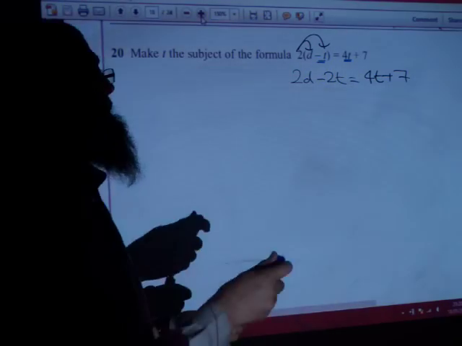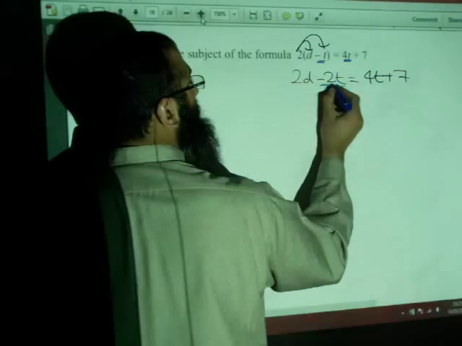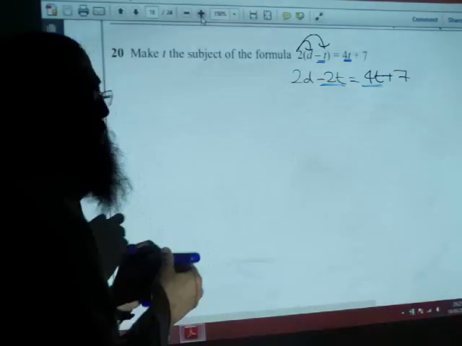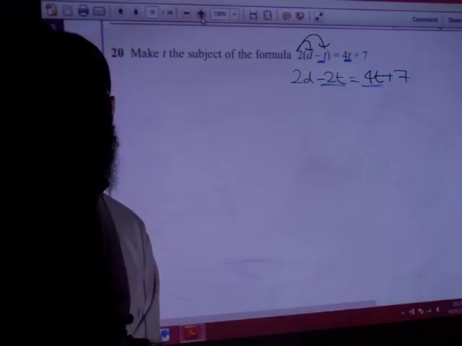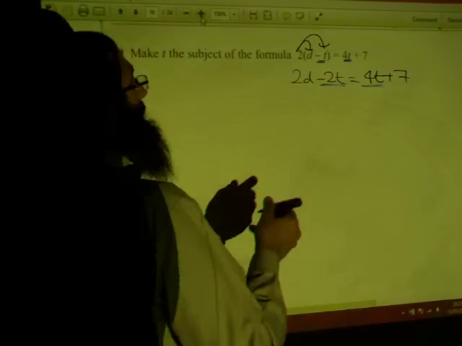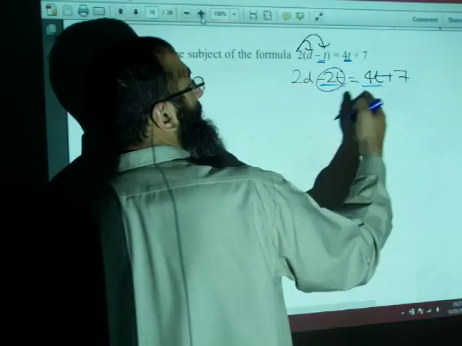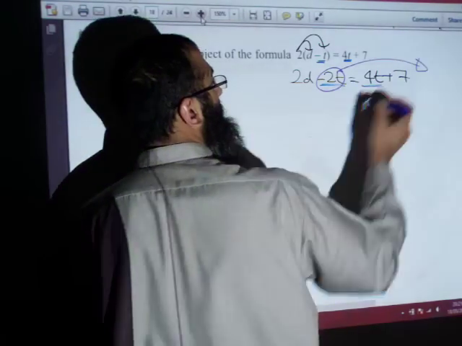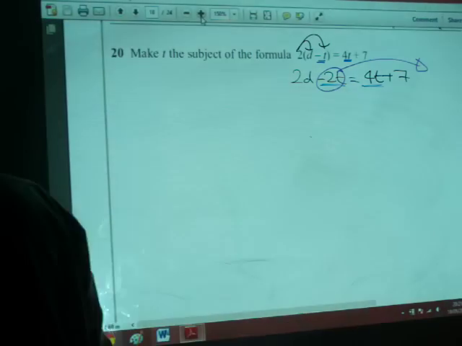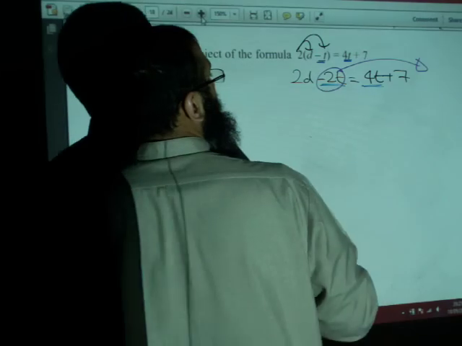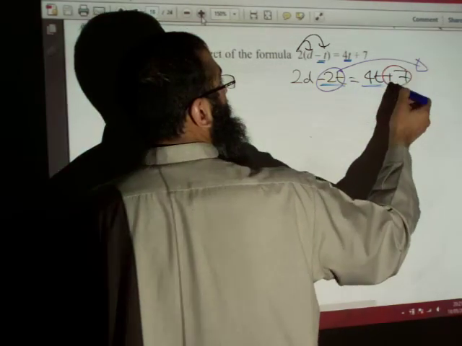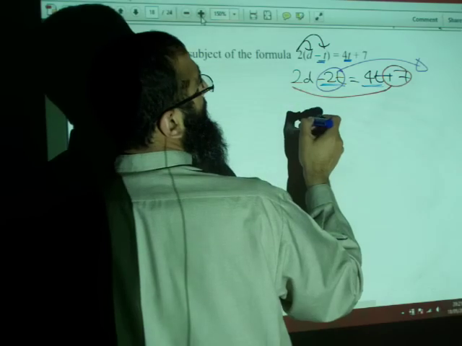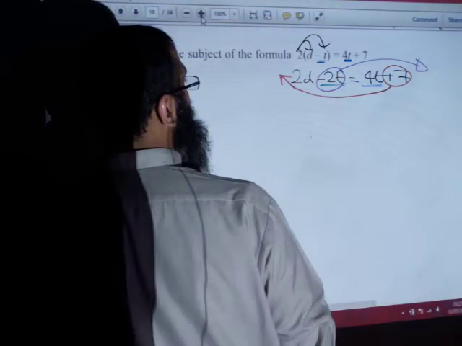Now that the T has been released, we have a T value here and one here. We always move the smaller T value towards the larger one. So I'm going to move the minus 2T, which is smaller than 4T, that way. Then we take the plus 7 from the right hand side and move it this way.